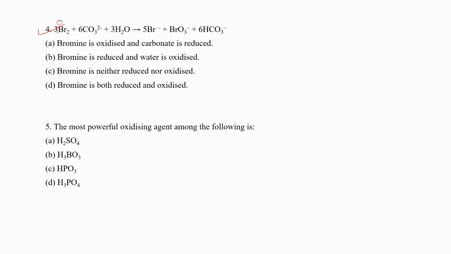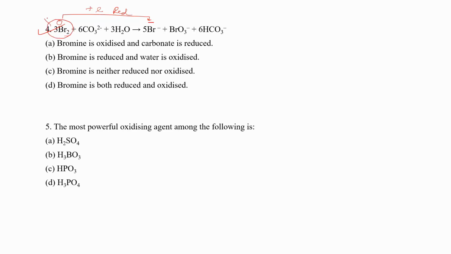Bromine is 0, but after the reaction the oxidation state is -1. So it goes from 0 to -1, which is a gaining of electron. It is a redox reaction.